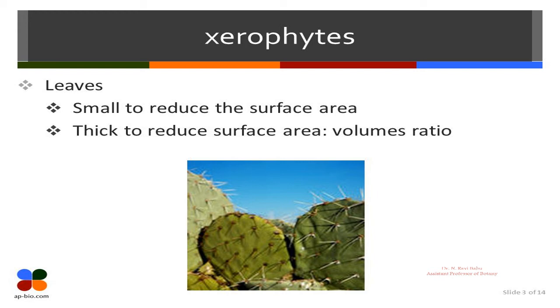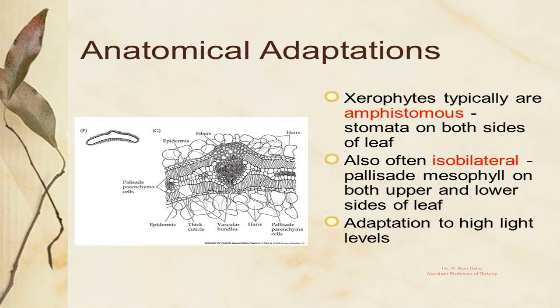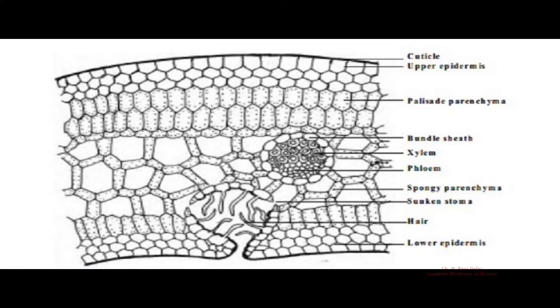And now, anatomical adaptations. Presence of multi-layered epidermis with heavy cuticle to prevent water loss due to transpiration. In my earlier episode also, dear friends, we have come across the word cuticle. Cuticle is the outermost layer that is covering the epidermis. If you go through the anatomical adaptations in xerophytes, the epidermal part is basically a multi-layered one, and moreover, it is covered with a heavy cuticle.